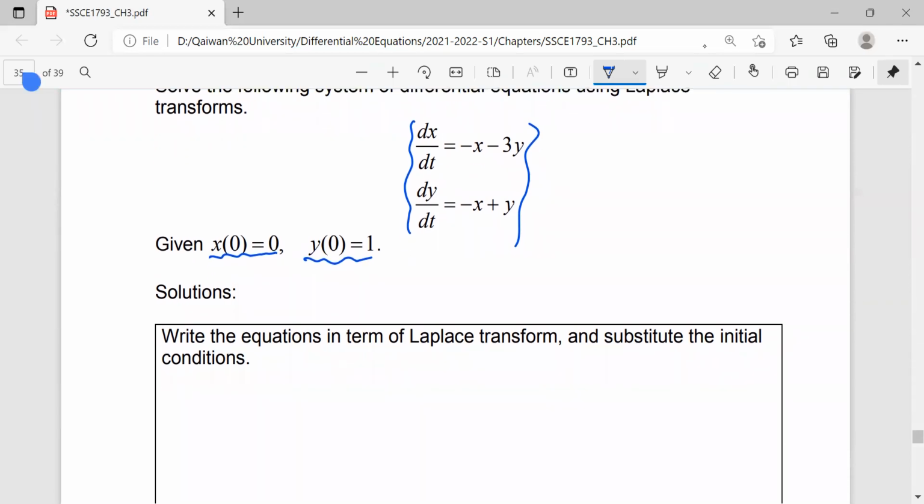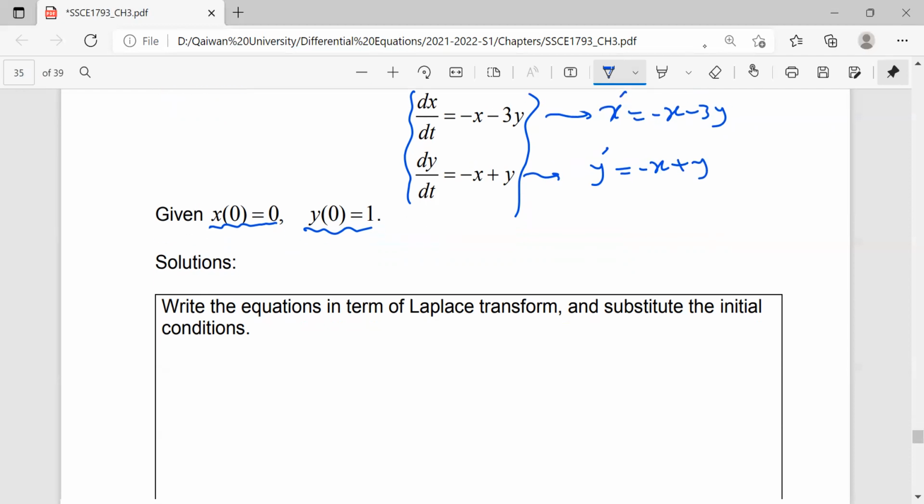We follow the steps. First, we take the Laplace transform for both equations. Here we can say x prime equals minus x minus 3y, and y prime equals minus x plus y. We take the Laplace for each equation.